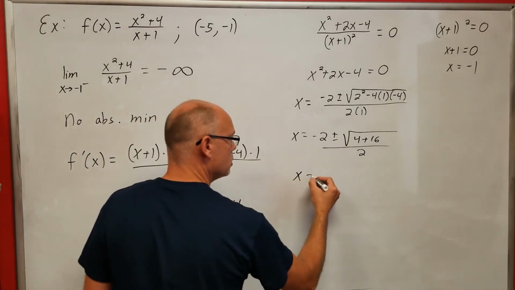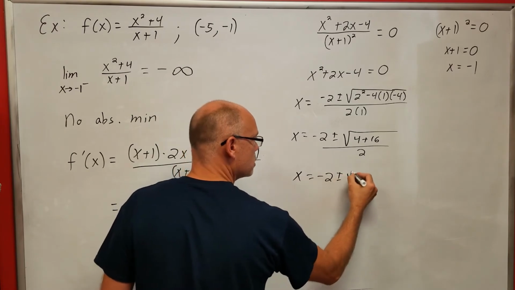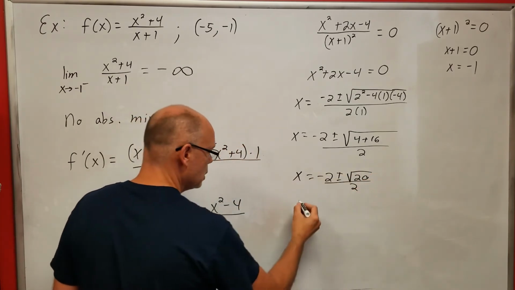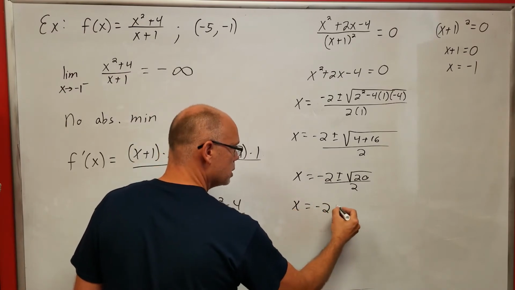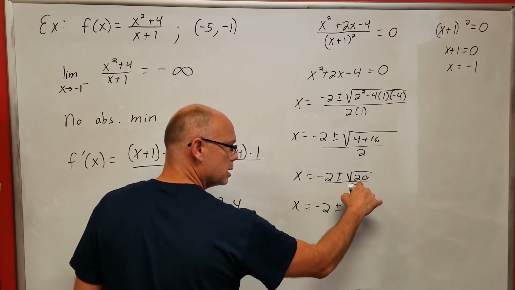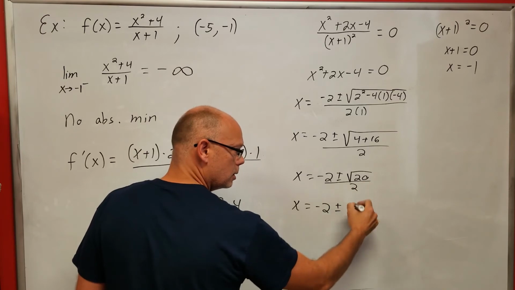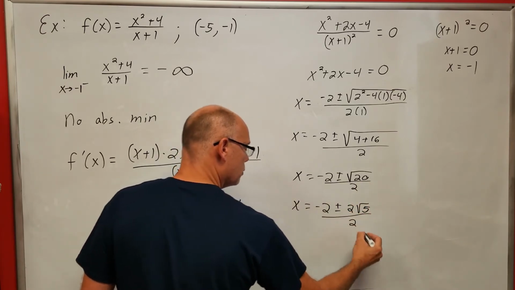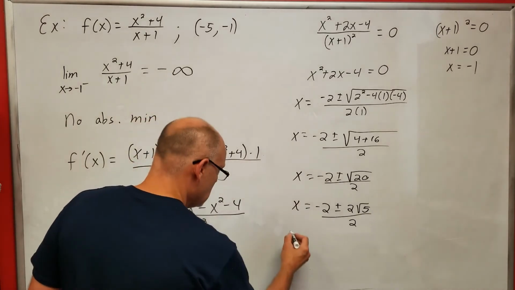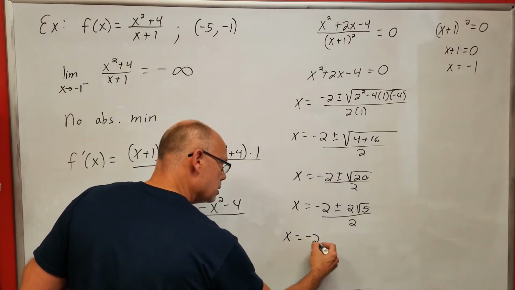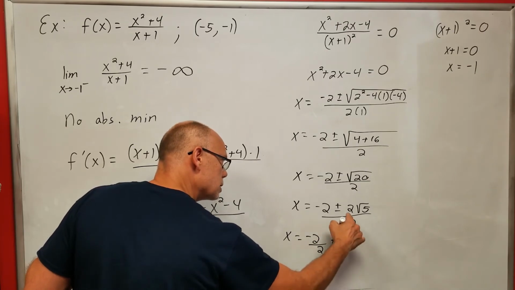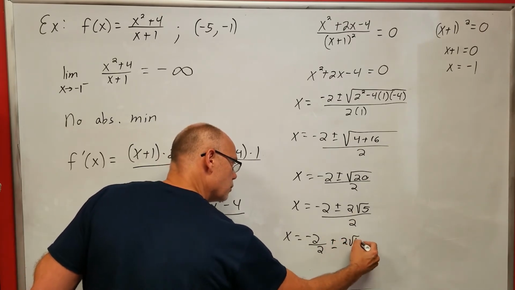So x is equal to negative 2 plus or minus the square root of 20 over 2. So that means x is equal to negative 2 plus or minus, isn't this 4 times 5? So I have 2 square roots of 5 over 2. So that means x is equal to negative 2 over 2 plus or minus 2 square roots of 5 over 2.